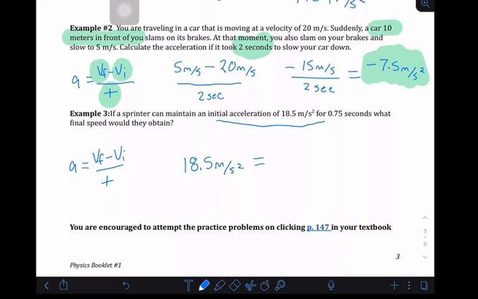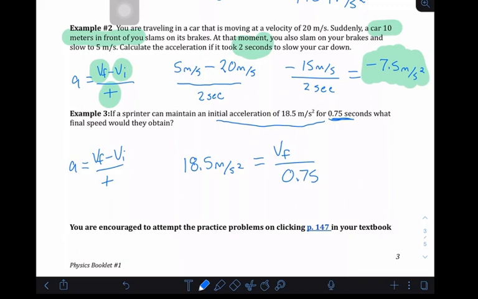We're being asked for final speed, so we don't know that. We need to find out our time and initial speed. Well, our time is given right after our acceleration here, is 0.75 seconds. The initial speed they give us, but we don't see it in a number.